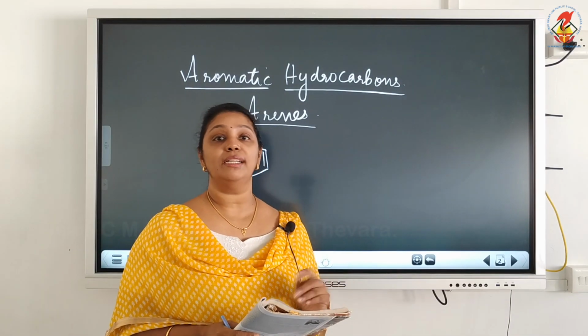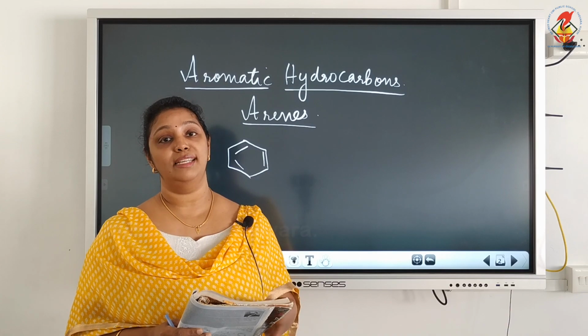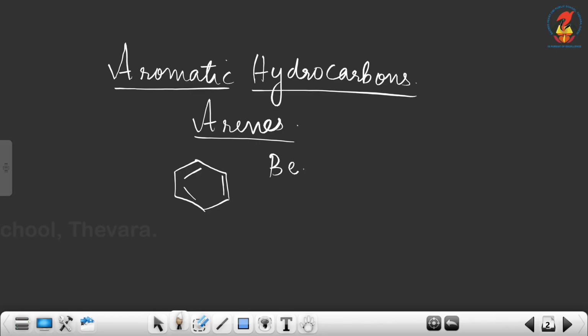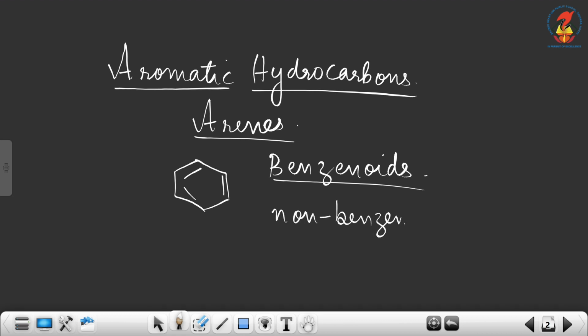Now, these aromatic compounds, if they contain benzene ring, they are called benzenoids. And if they do not contain benzene ring, they are called non-benzenoids.